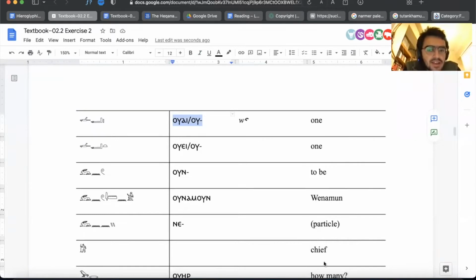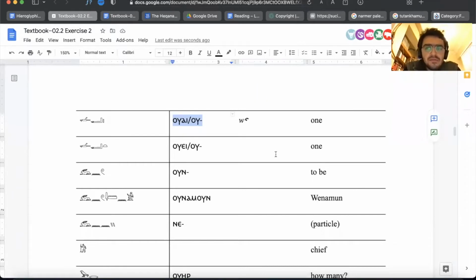Because actually the wa in transliteration form is not actually one letter. It is something like half consonant, half vowel. It is the remnant of the Afro-Asiatic languages, something like wa.